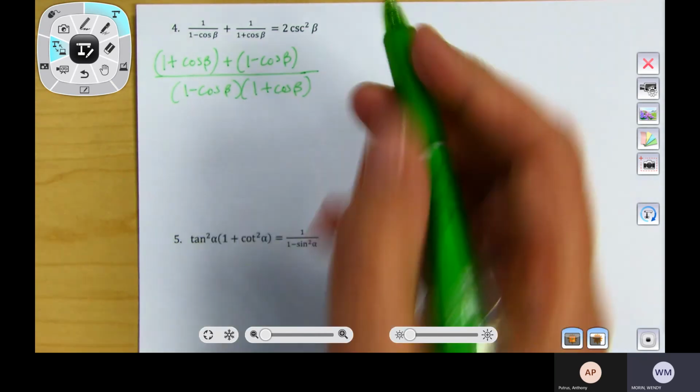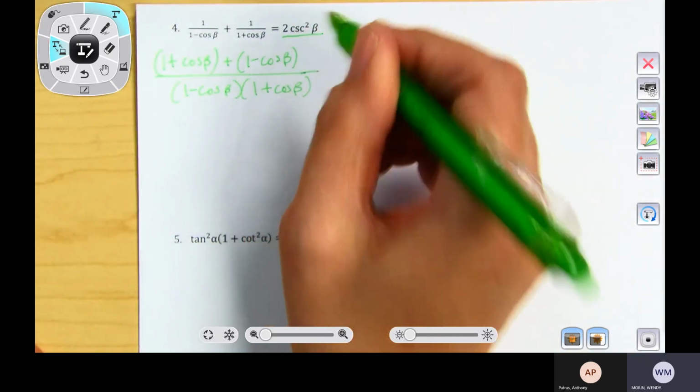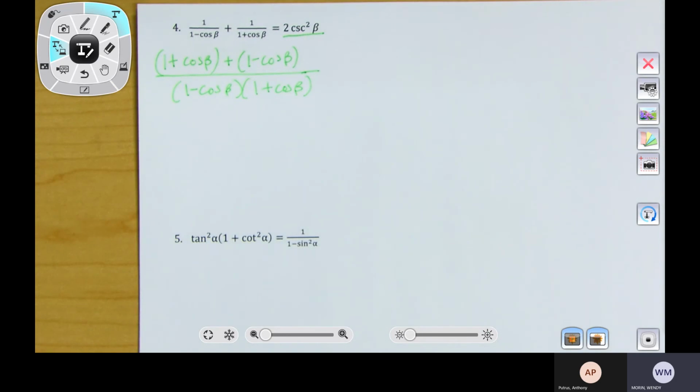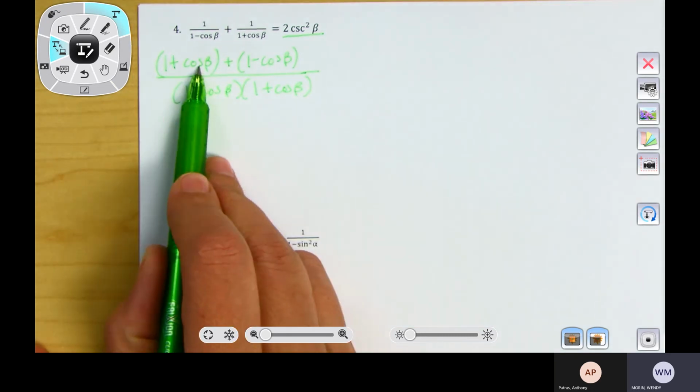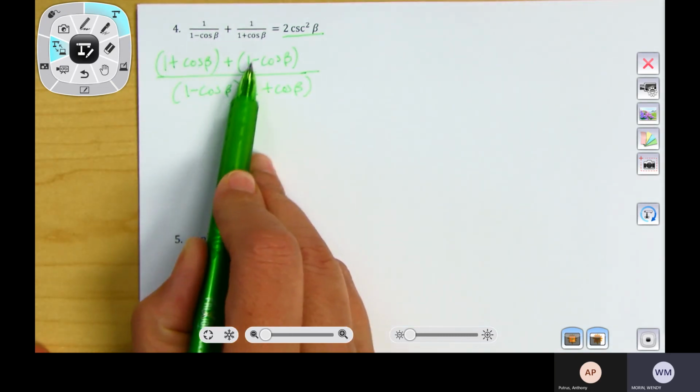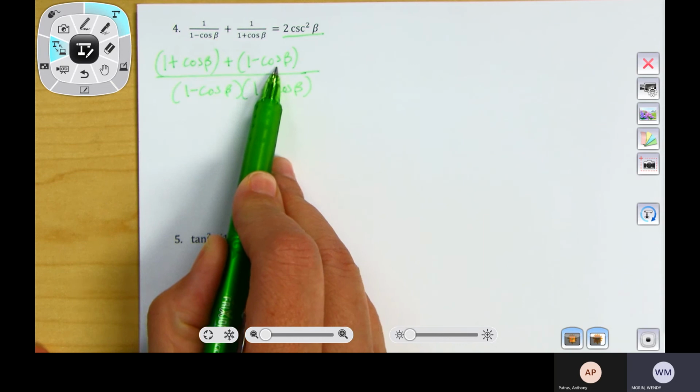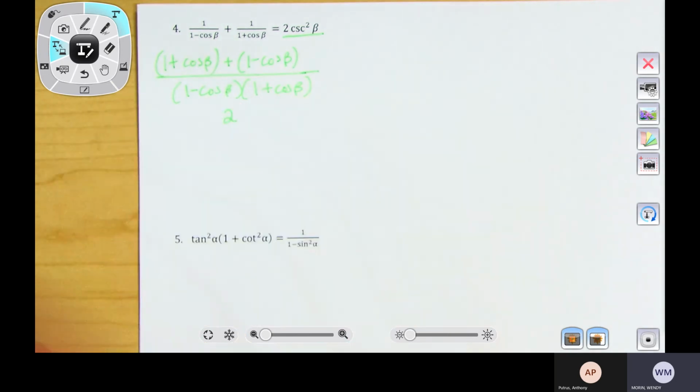So again, look at where you're trying to go. What does my numerator equal? Yeah, 1 plus cosine plus 1 minus cosine. What's left? Would you agree it's just a 2?